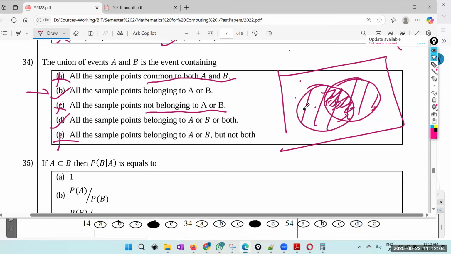All the sample points belong to A or B. So maybe the examiner thinks that there's a duplicate, a double count in there. So I think this is more precise. All the sample points belong to A or B, but this says A or B or both, but this is perfectly okay now, right? I thought the examiner wants to eliminate the double counting, right?